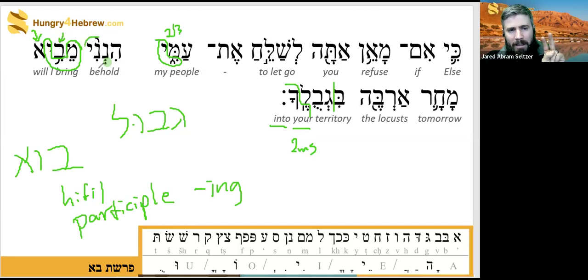Because of the ni right here, that suffix means me or I. Look at me, mevi, causing to come. The pattern says causing, and the root is to come, causing to come. In English, we call that bring. Behold, I am bringing, or I will bring.